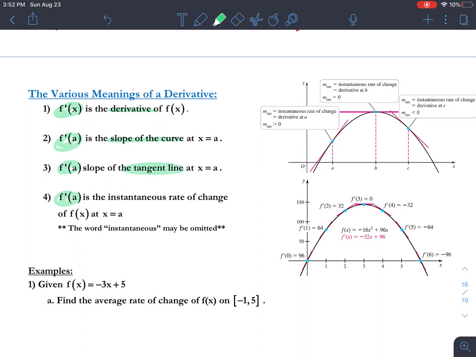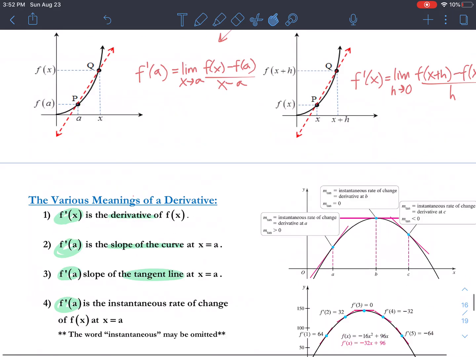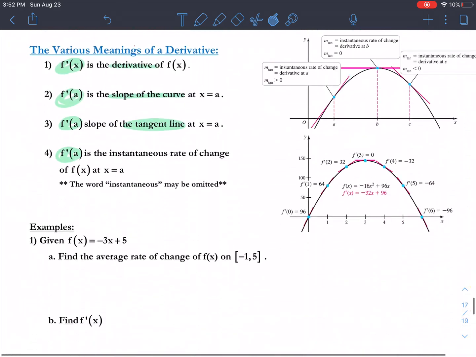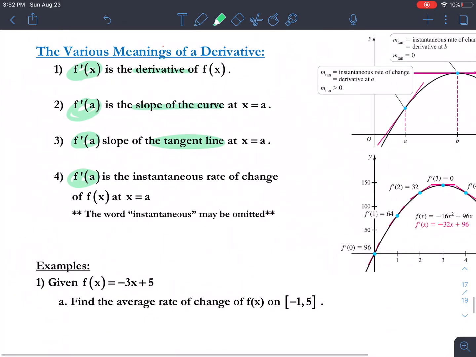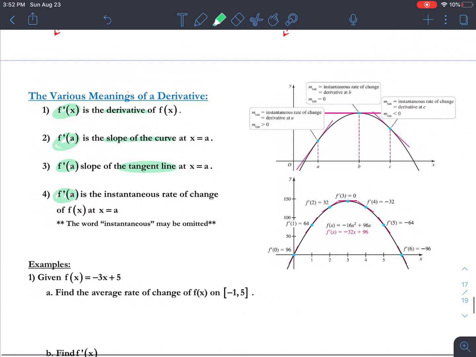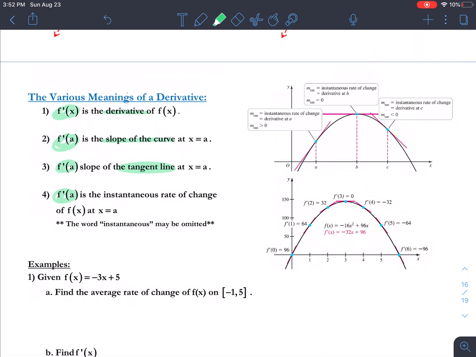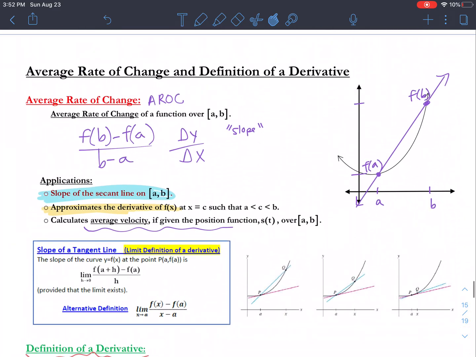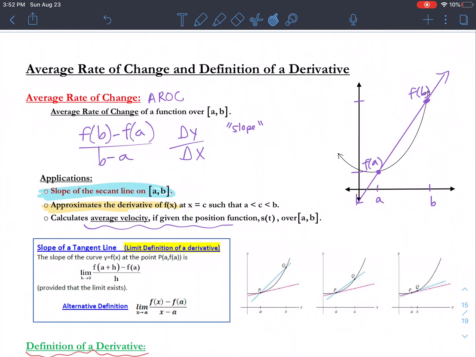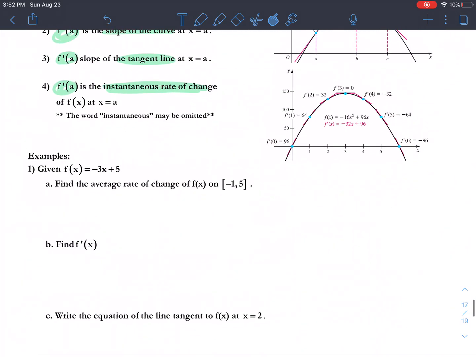Slope of the tangent line. Remember, secant line was AROC, average rate of change. Tangent line, we're talking derivative here. And instantaneous rate of change is another way you might see it. It could also just say rate of change. If you see the words average rate of change, that's flying back up to AROC.